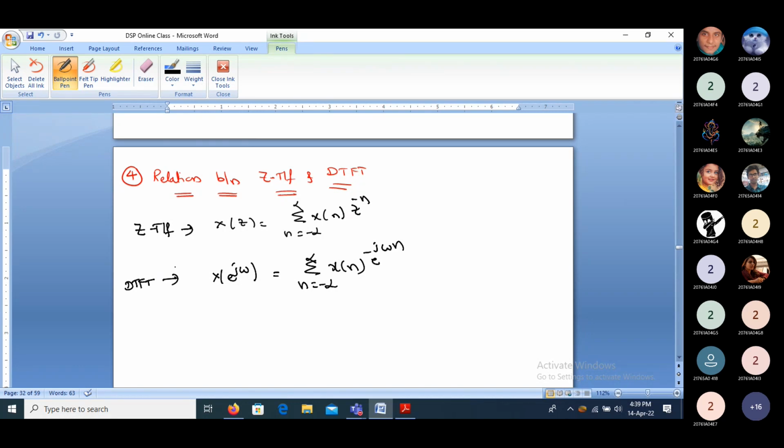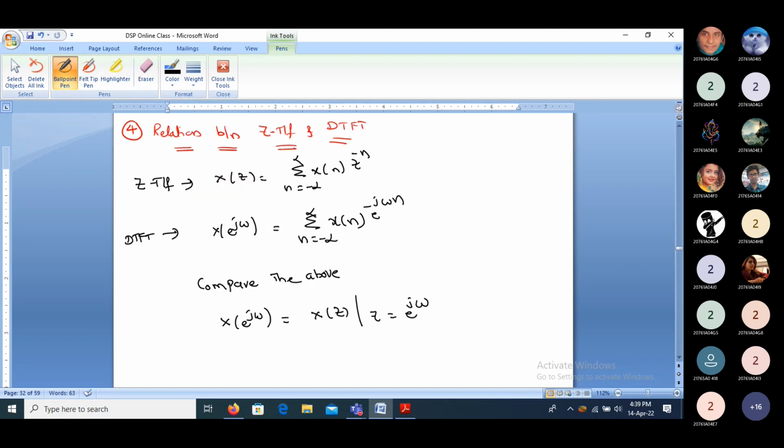Just compare the two equations. It's very simple. So X of e power j omega is equal to X of z, where z is equal to e power plus j omega. This is the relationship between the discrete time Fourier transform and Z transformations.